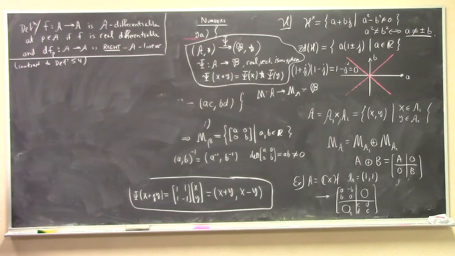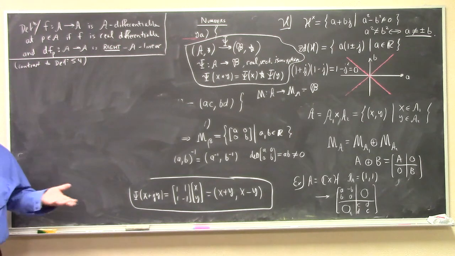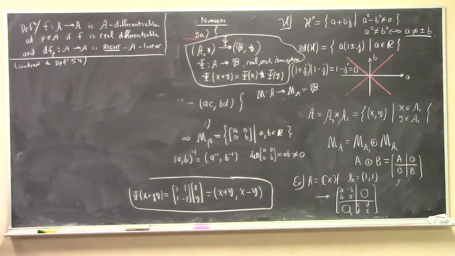In definition 5.4, I write a limit and say that that limit has to exist. Well, the existence of that limit is tantamount to the function being real differentiable. So it's not a big deal.